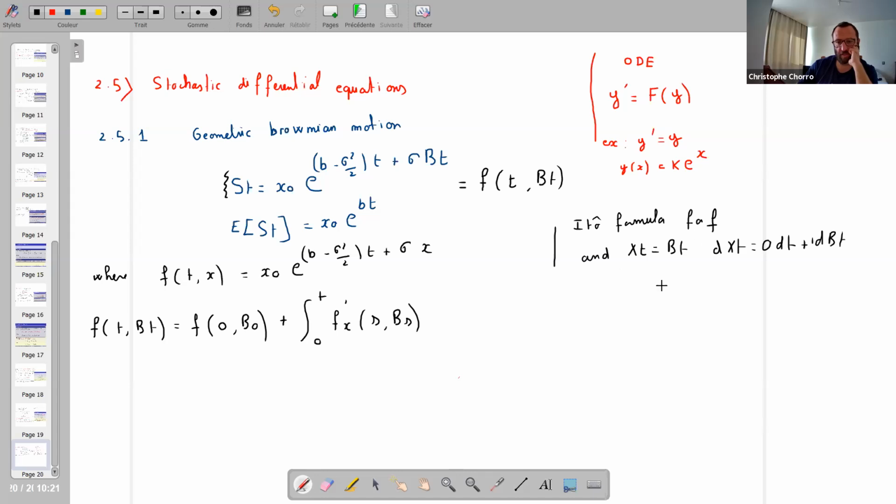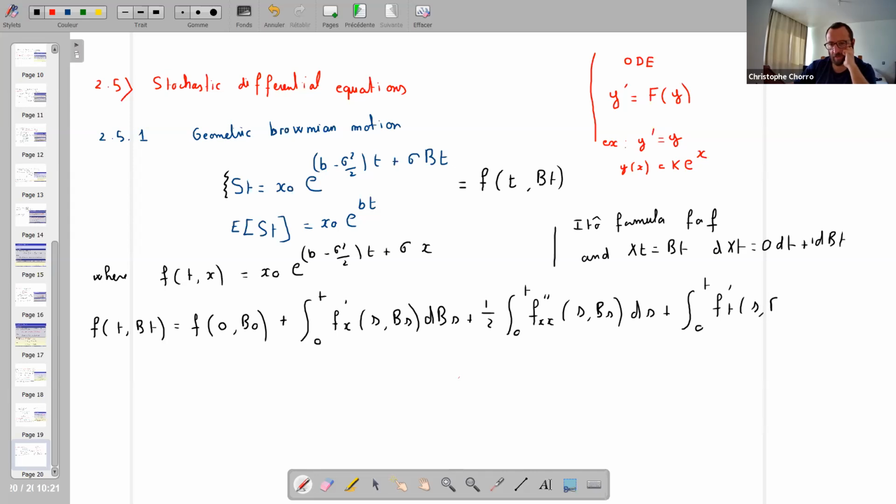My Ito process is the Brownian motion here, so I have dB_s, plus 1/2 the integral between 0 and t of the second derivative of f with respect to the variable x, at (s, B_s), ds, plus the term coming from the fact that I have a time-dependent mapping, that is just the integral between 0 and t of f prime with respect to t at (s, B_s) ds.